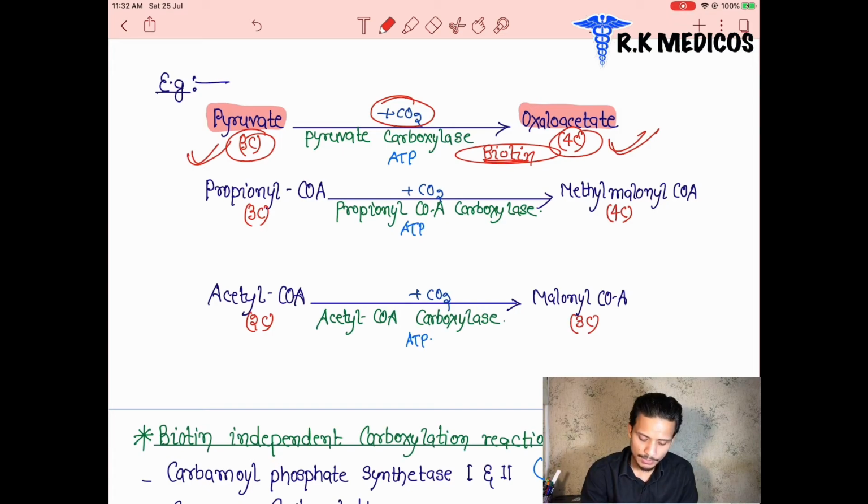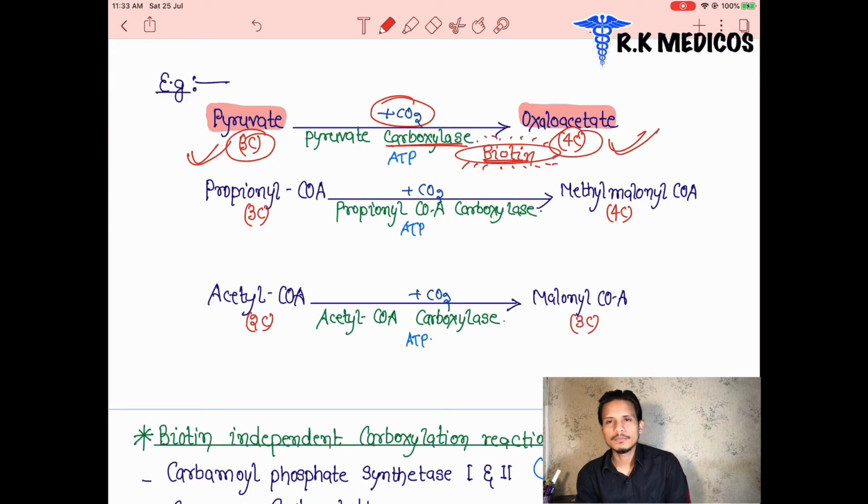And what is the enzyme? Carboxylase, because we already know that in carboxylase 1 CO2 is added, biotin is a coenzyme, and these are ligase enzymes. So we can see everything, and the biotin molecule is present. The substrate is pyruvate, so it is pyruvate carboxylase. It's simple.